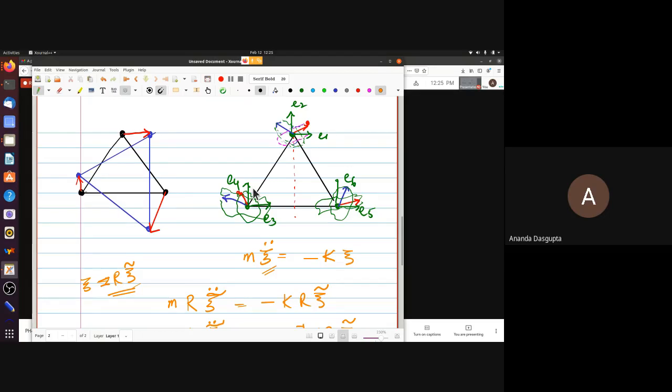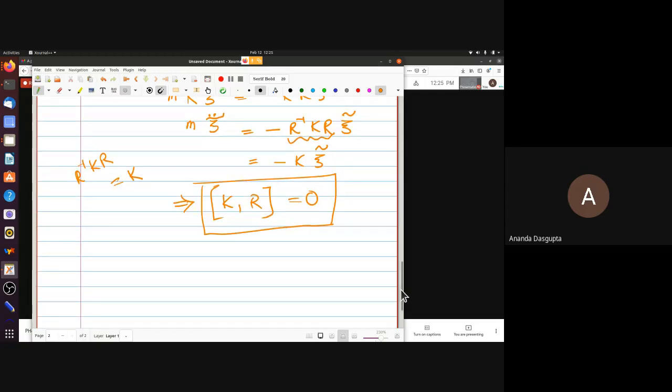Okay? So that is the information which the physics of the system gives you, that the force constant matrix must commute with all the matrices which are describing the displacements under the symmetries. Not arbitrary displacements, but those which are symmetries of the system. For them, K must commute with R. So basically, if you've seen the last lecture, you would know that every symmetry operation can have a corresponding matrix representation.